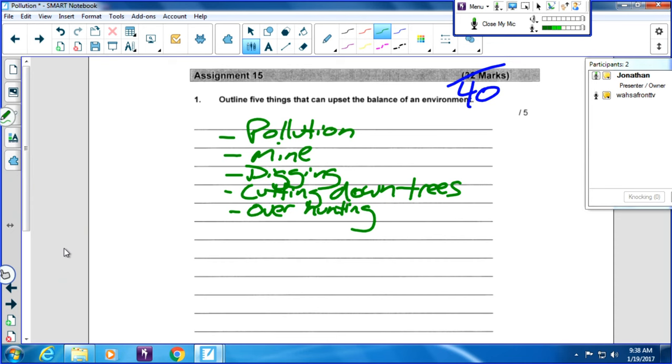You don't necessarily have to use them. Be creative, think outside the box, use your critical thinking skills. But pollution, mining, digging, cutting down trees and forests, or over hunting all upset the balance of nature in a way. So again, I'm looking for 5 things.